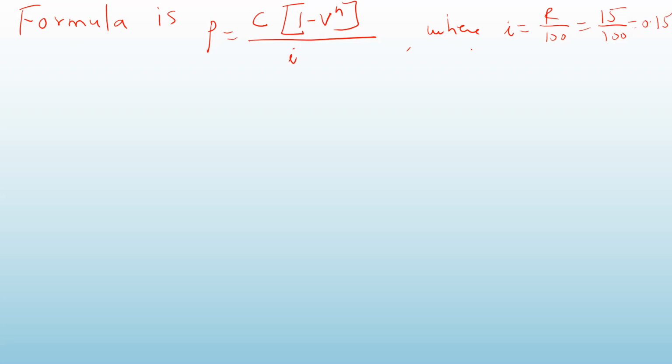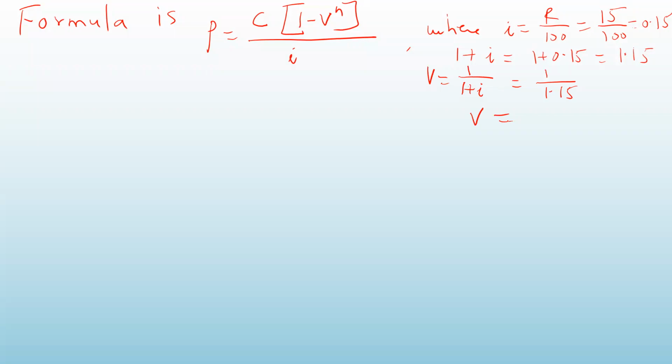Okay. What will be 1 plus I? It is 1 plus 0.15, that means 1.15. Okay. We also need V. What is V? It is 1 divided by 1 plus I, that is 1 divided by 1.15. So find out what is 1 divided by 1.15.